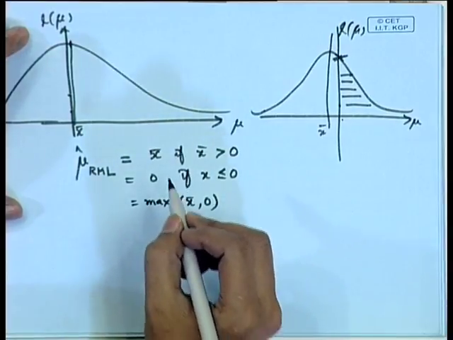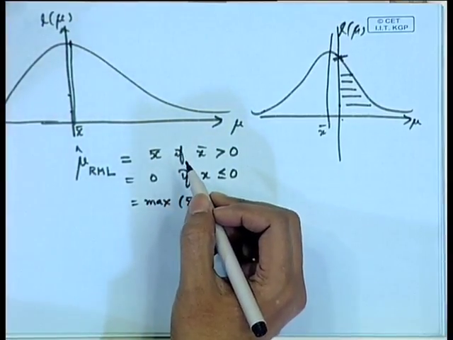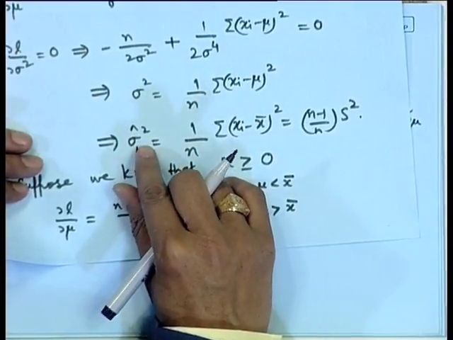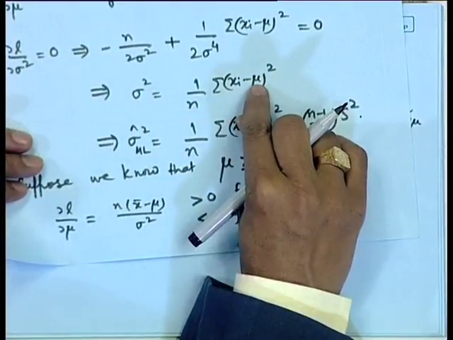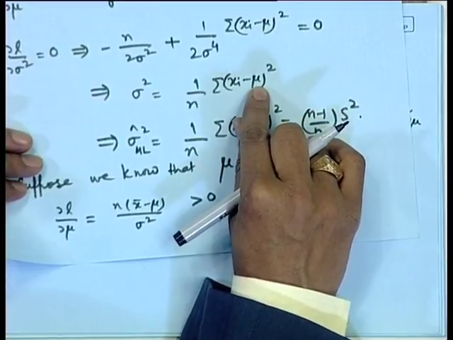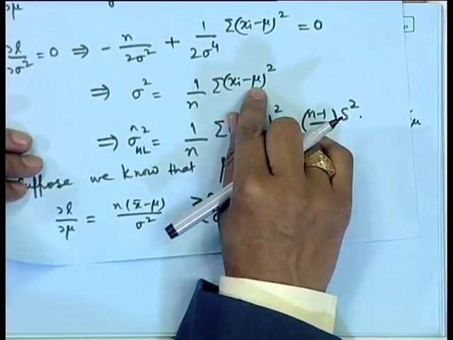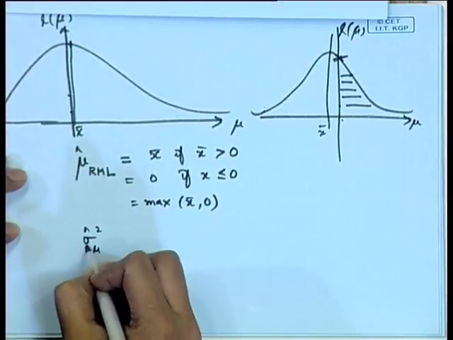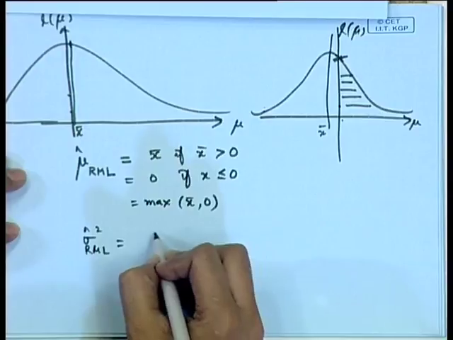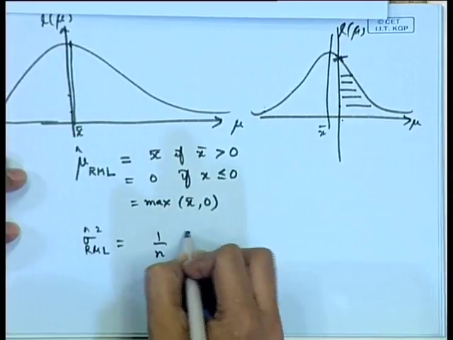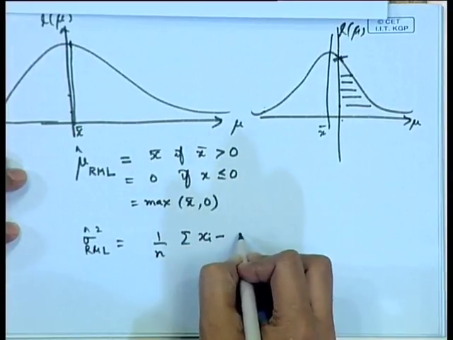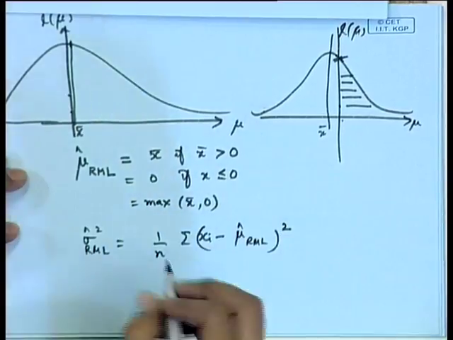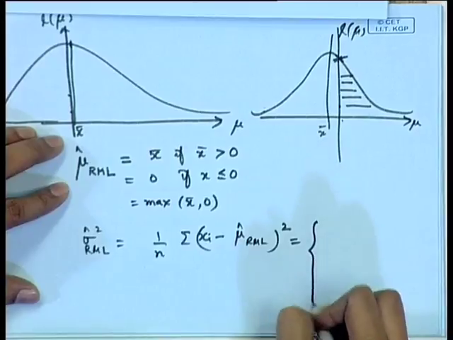Now, is there any effect on the estimator for sigma square? The answer is yes, because the maximum likelihood estimator for sigma square was obtained by substituting the estimator for mu in this second likelihood equation. So we will get sigma hat square restricted ML as 1 by n sigma (x_i minus mu hat restricted ML) square.